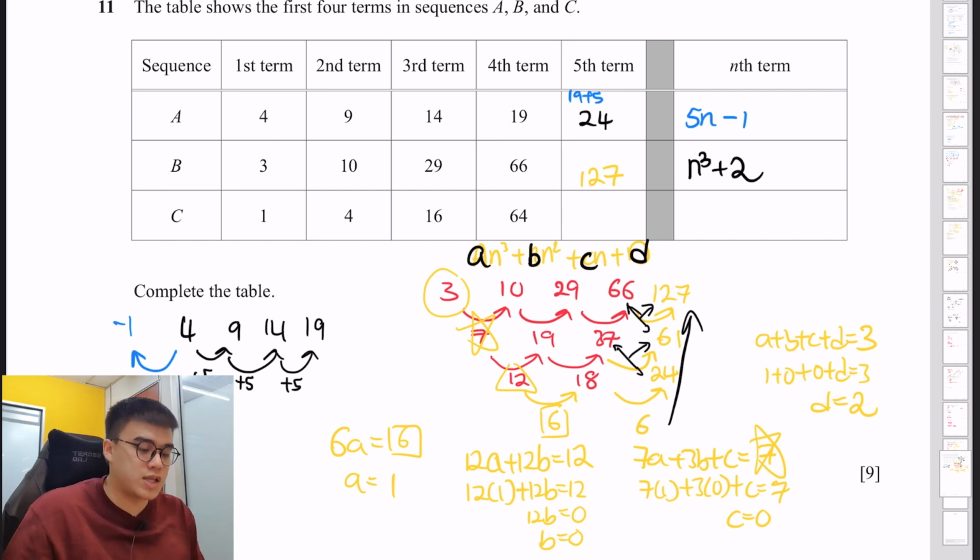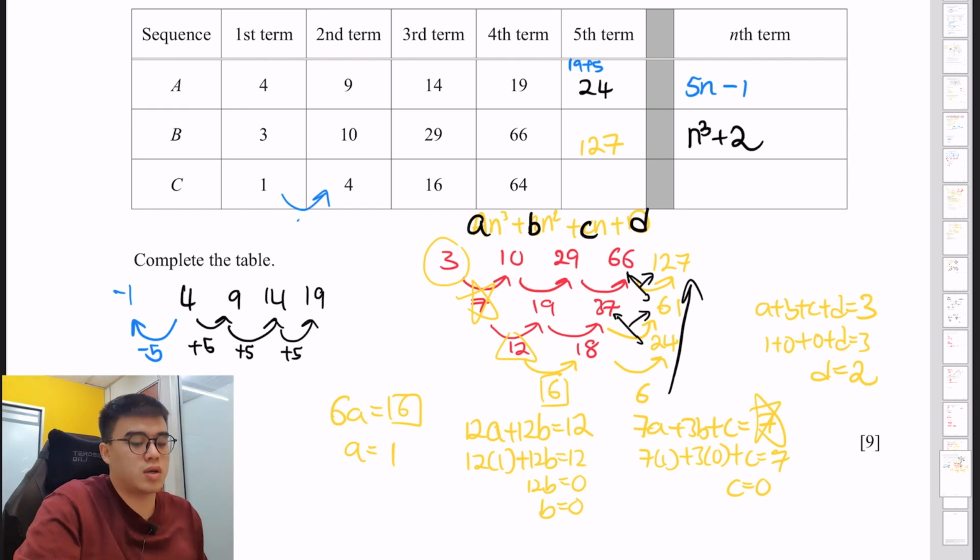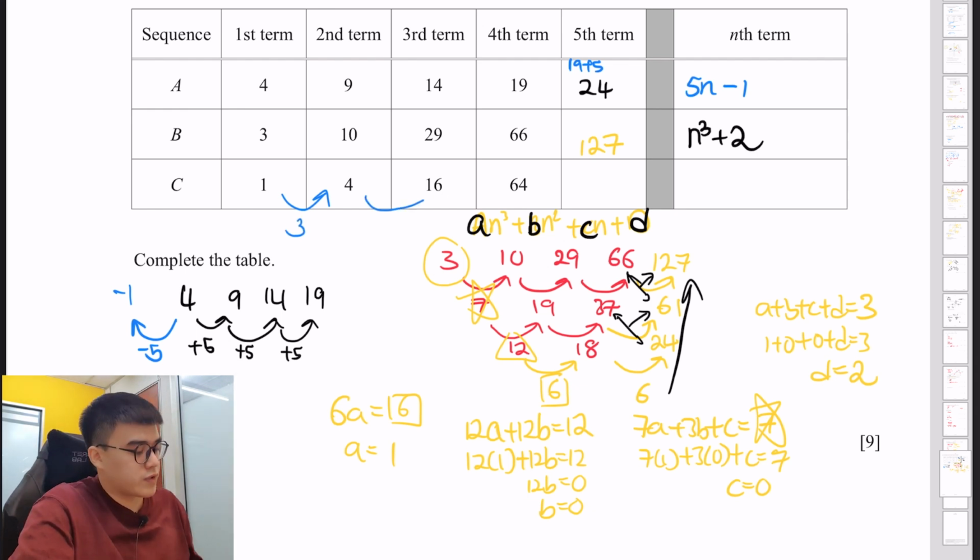So for part C there, you have the last thing to do. Let's check their relationship first. So 1 to 4, the difference is 3. 4 all of a sudden increased by 12. Then 64, the difference is 48.